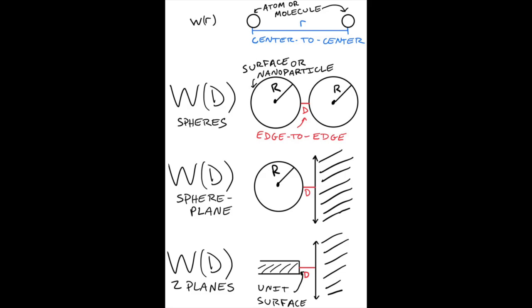Keep in mind when you are studying this material that when we have two flat surfaces, we are always talking about the energy or the force per unit area. Okay, so all of those equations where we have flat on flat are per unit area.